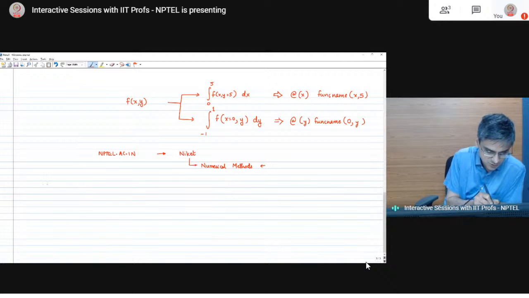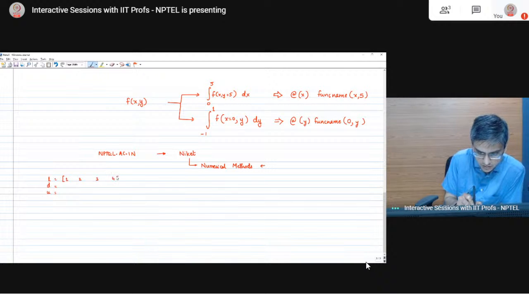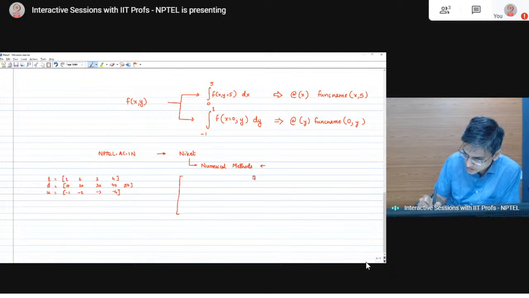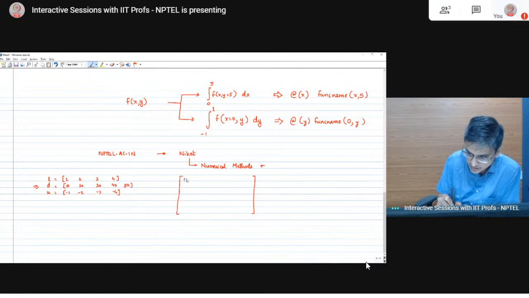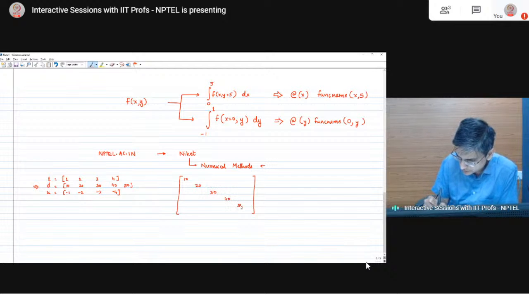But what does show matrix do? Let's say I have L, D, U. Let's say L is 1 2 3 4, D is 10 20. Show matrix just converts it into a 5 by 5 matrix such that D is 10 20 30 40 50.